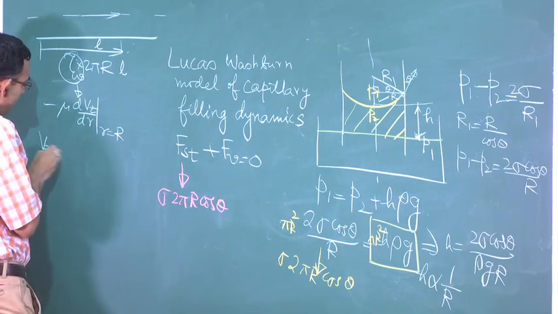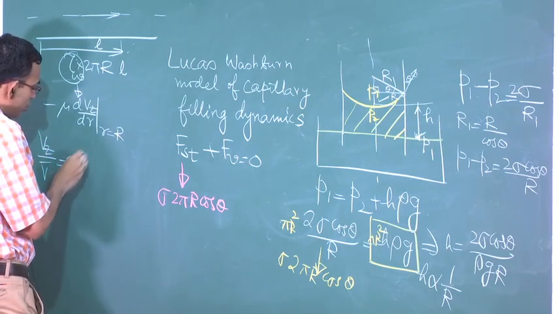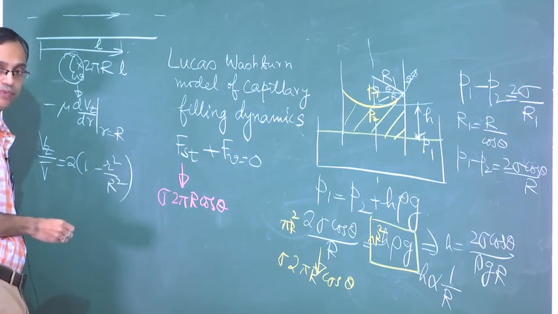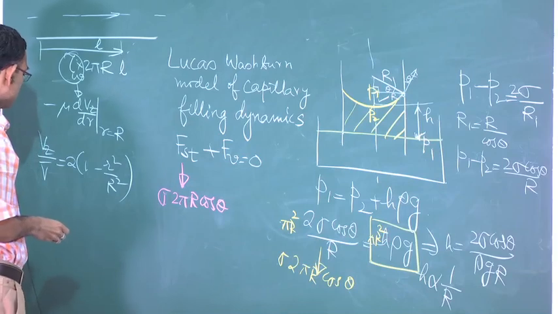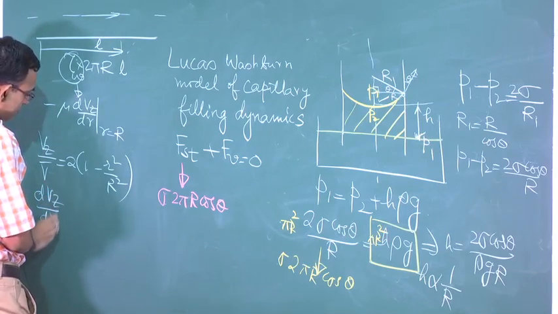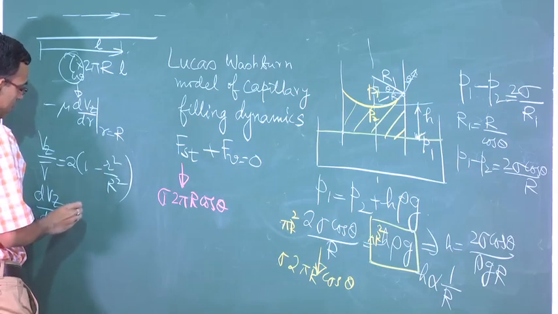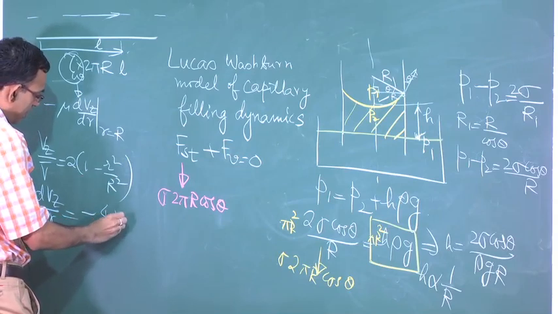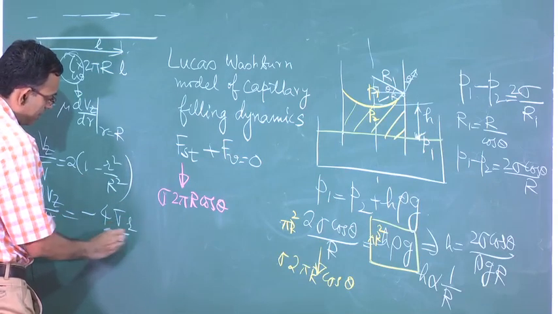So, Vz by V average is equal to 2 into 1 minus r square by R square, by this formula we derived in the previous lecture. So, dVz dr is equal to minus 4 V average small r by R square.